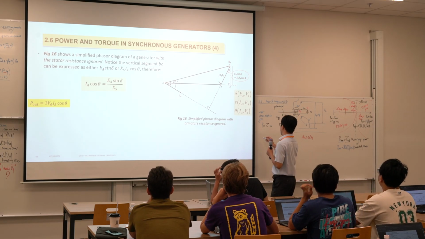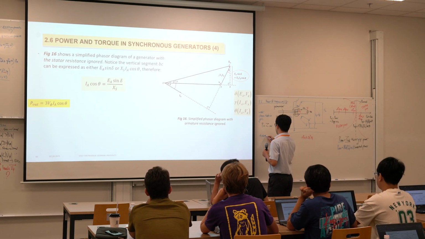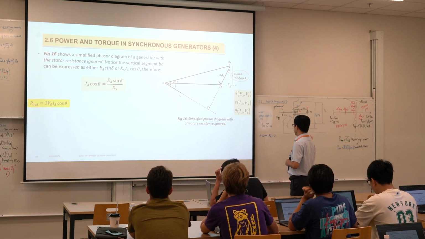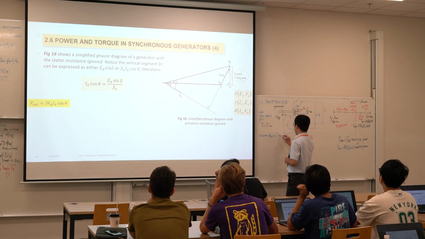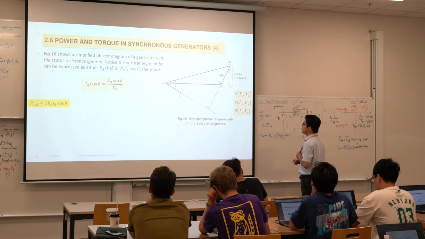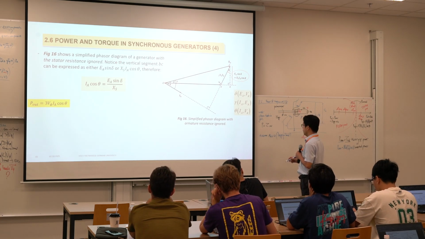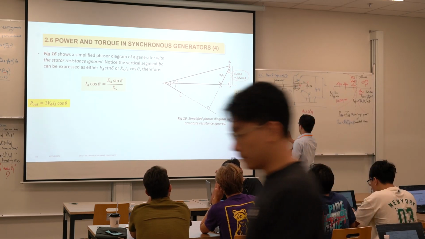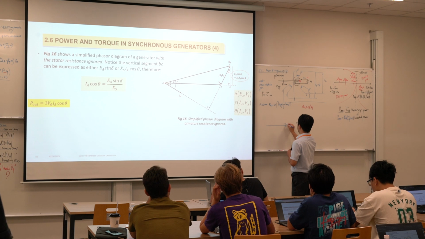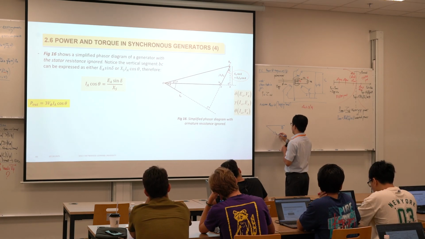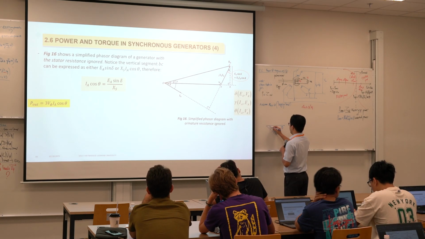We assume RA is 0. Here is V phase, and this one is IA. The phase angle here is theta.